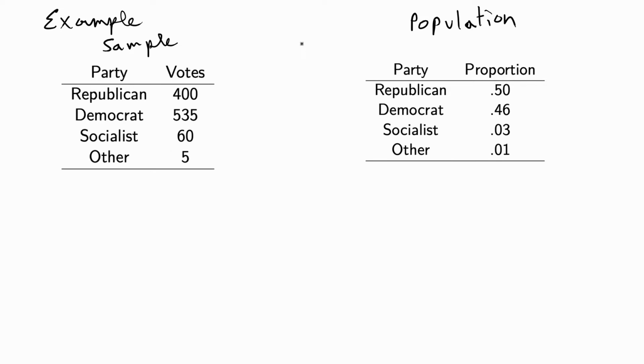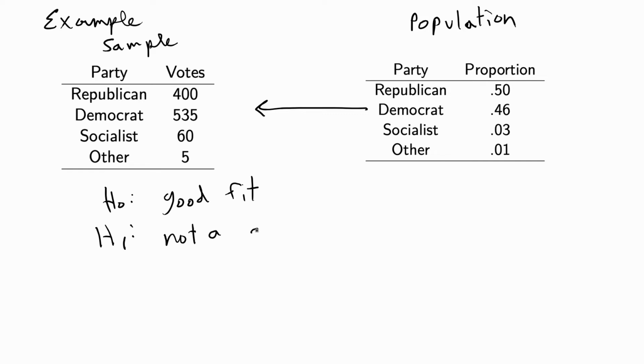For the Pearson's chi-squared goodness of fit test, we can test whether the election model from the previous election seems to be a good fit for this new data, or if voter preferences have changed. The null hypothesis is that this model is a good fit for the data, and the alternative hypothesis is that it is not a good fit.